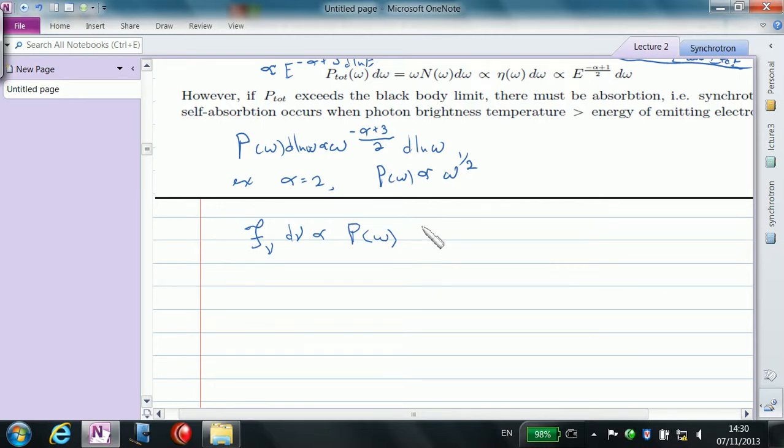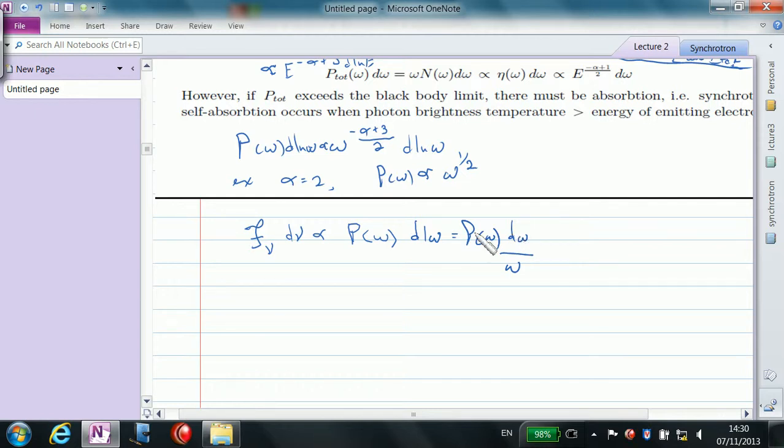Why omega to the minus 1? Because it's d log omega, which is equal to p of omega times d omega over omega.